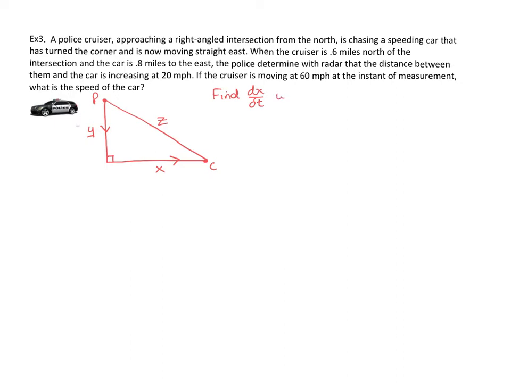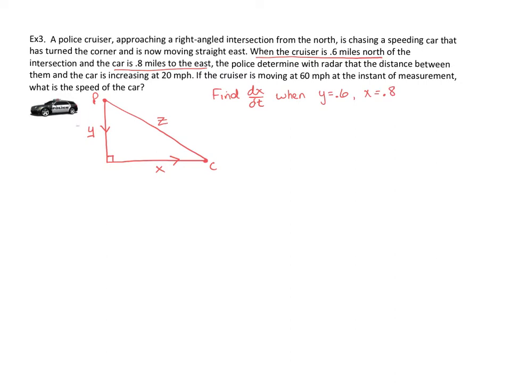And at what instant of time are we trying to find that? That's important. We're trying to find it when the cruiser is 0.6 miles north, so that means when y equals 0.6, and the car is 0.8 miles to the east, so that means x is equal to 0.8.